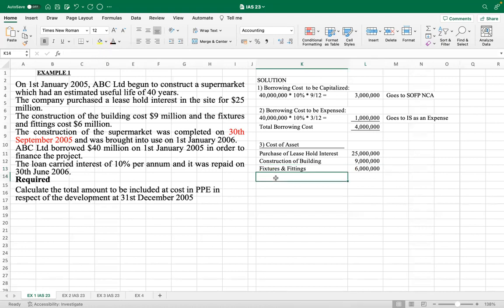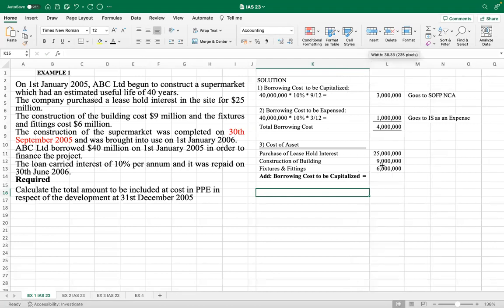Okay, and then you add borrowing costs. Borrowing costs, that is now what we have learned in the standard, to be capitalized. The amount of borrowing cost to be capitalized, we have calculated it above here.